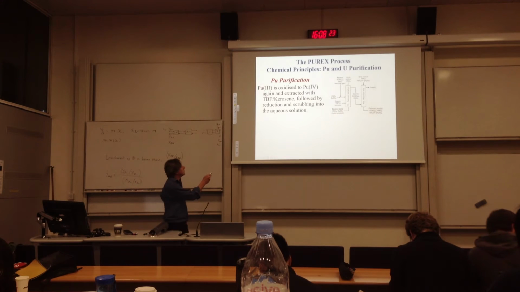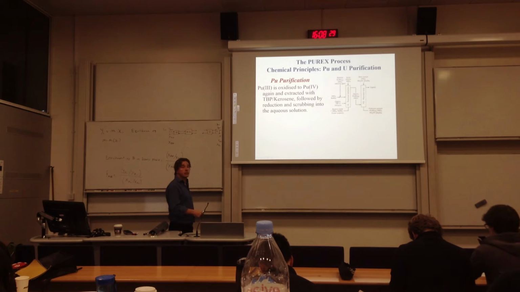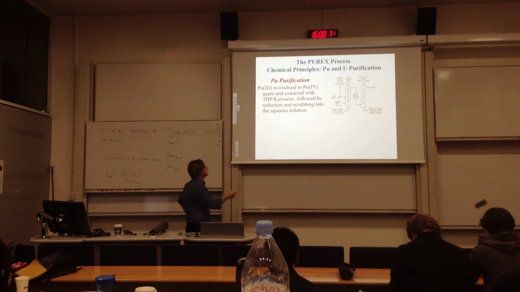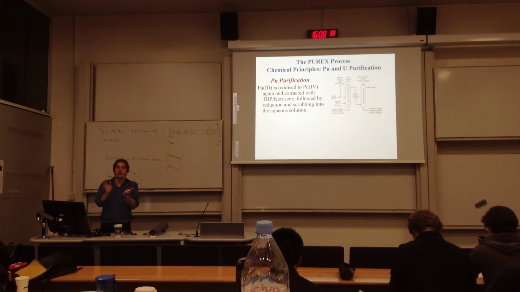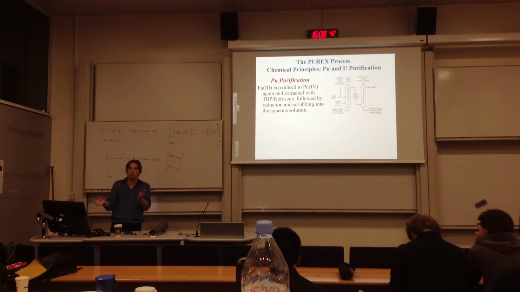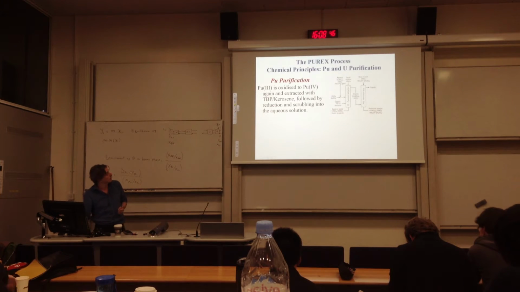Plutonium-3 is oxidized back to plutonium-4 and extracted in the organic phase, and by doing these cycles you can improve the purity of plutonium. Of course there is a trade-off here, because the more you improve the purity, the more plutonium you may lose. So there is a trade-off between efficiency and purity, as we mentioned.